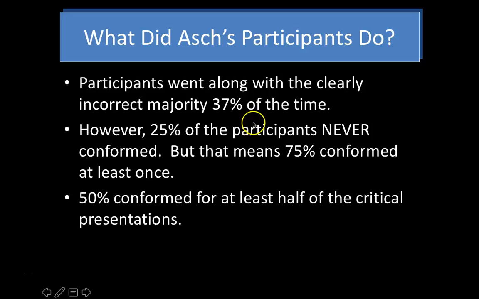Now, about 25% of the participants never conformed. We'll call them the nonconformists. But what that means is that 75% conformed at least once. And half of the subjects conformed for at least half of the critical presentations, half of the conformity trials. So those are pretty big numbers when you consider how obvious this perceptual task was.